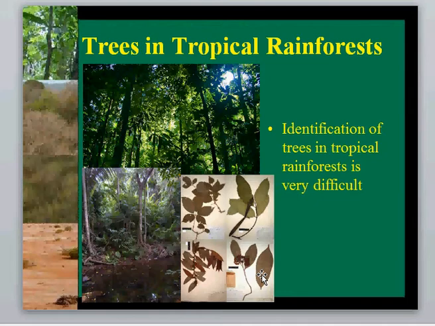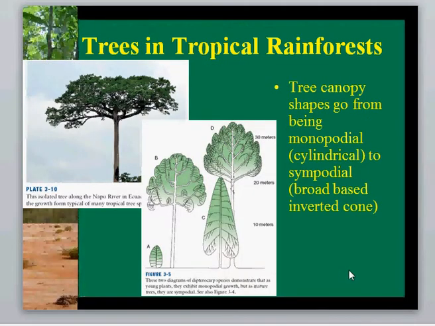Okay, finally I want to talk about the shape of trees in tropical rainforests. As I mentioned before, trees will tend to change their shape as they go through their life cycle. Trees will tend to be more cylindrical, okay, in shape when they're in the understory.